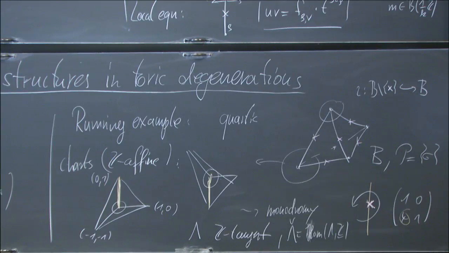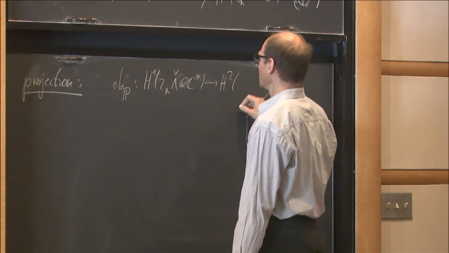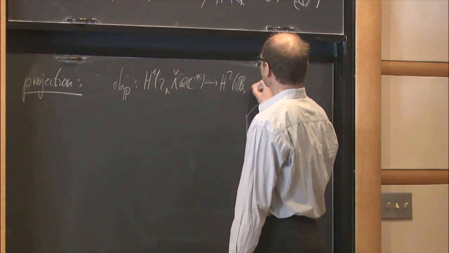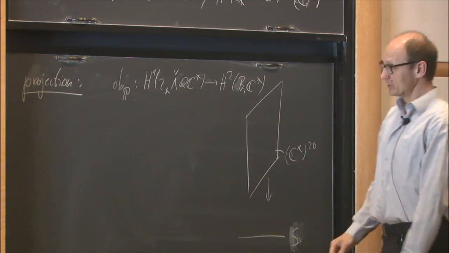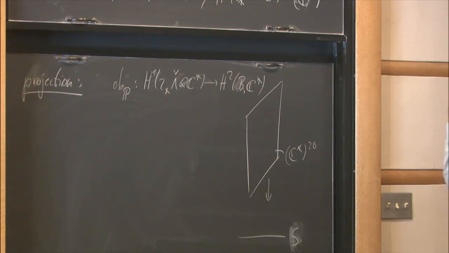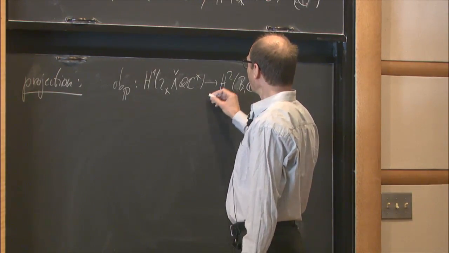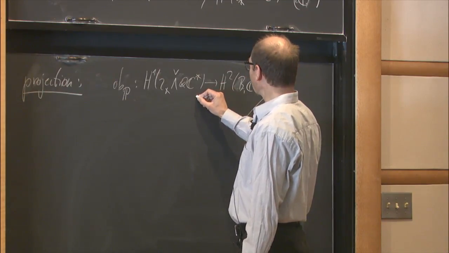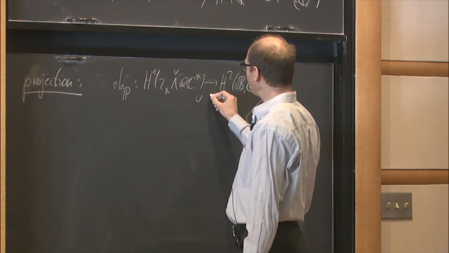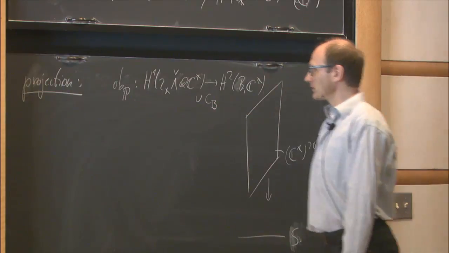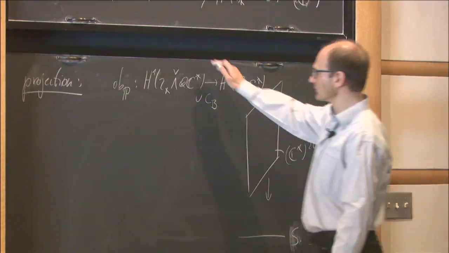Okay, so this thing here has a map to H2 of B with values in C star. So in the case of a sphere, it's just C star. And this is essentially a cup product with a natural class on this affine manifold called CB, the radiance obstruction.